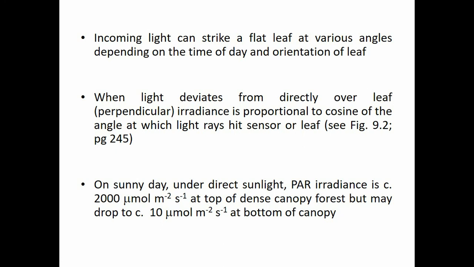Plants are not always exposed to that high amount of photosynthetically active radiation. Sometimes there will be a canopy, and up at the top will be 2,000, and down at the bottom of the canopy of a great big forest, there'll only be 10 micromoles of photosynthetically active radiation. And this plays a big role in what plants can be grown there.